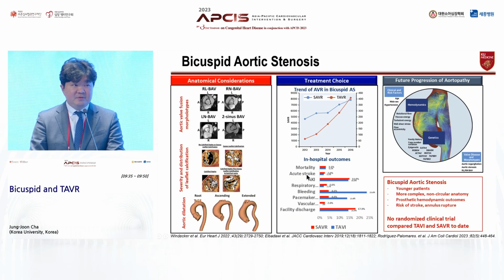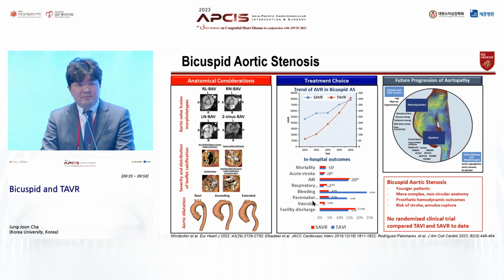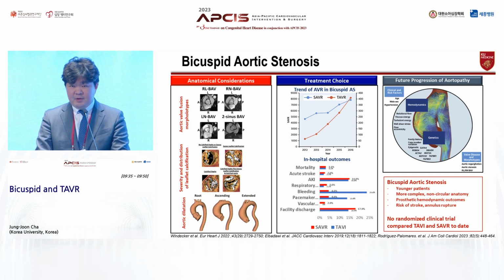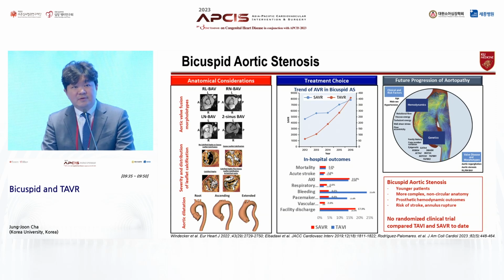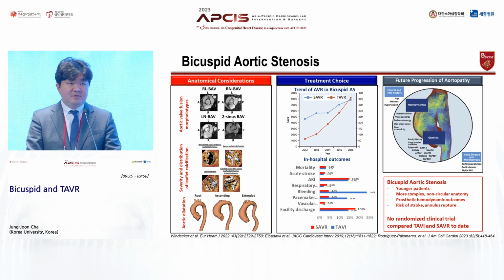The in-hospital outcomes are comparable, but as you can see, there is more bleeding and more pacemaker implantation in the TAVR group. And there is uncertainty about the future progression of aortopathy in bicuspid aortic valve disease, and there are no randomized controlled trials of TAVR versus SAVR.